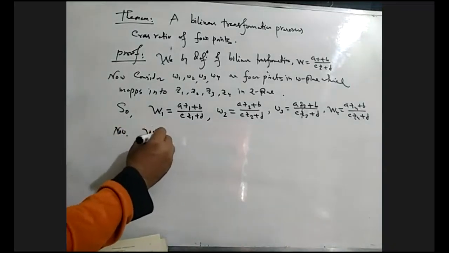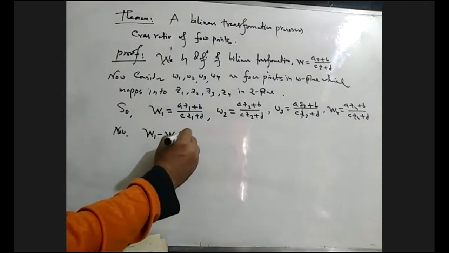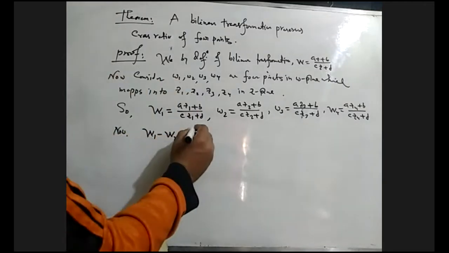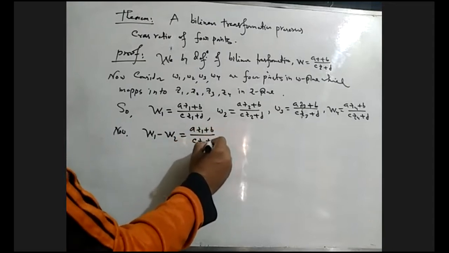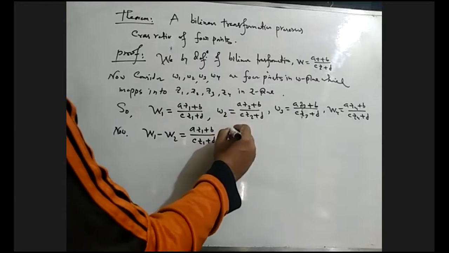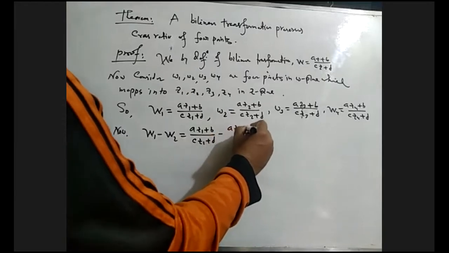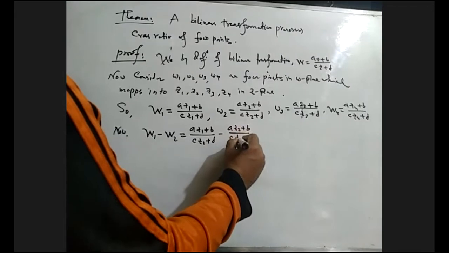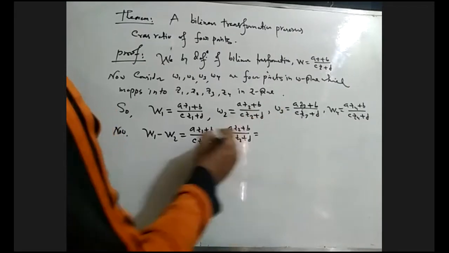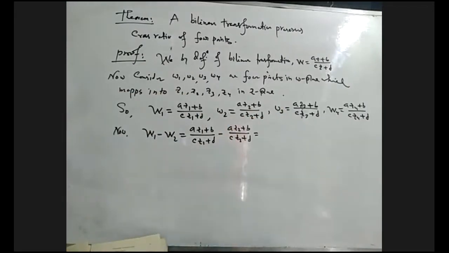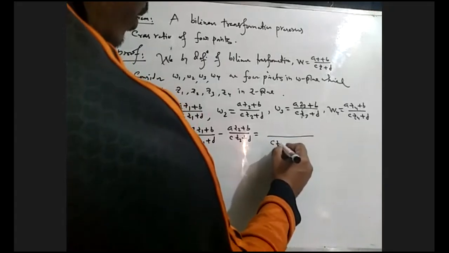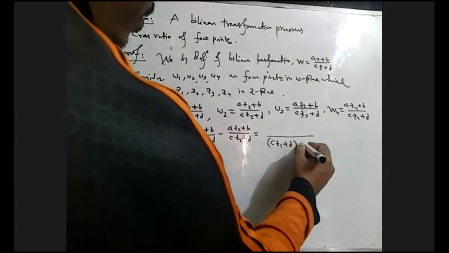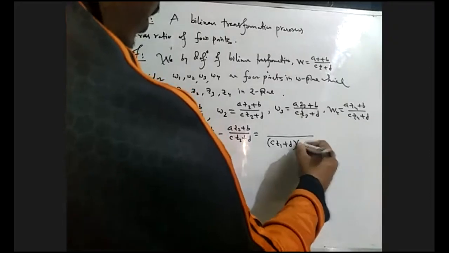Now, W1 minus W2 equals (AZ1 plus B) divided by (CZ1 plus D) minus (AZ2 plus B) divided by (CZ2 plus D). First of all, you have to take the LCM: (CZ1 plus D)(CZ2 plus D).